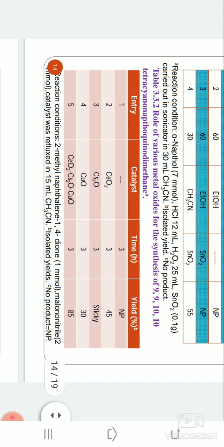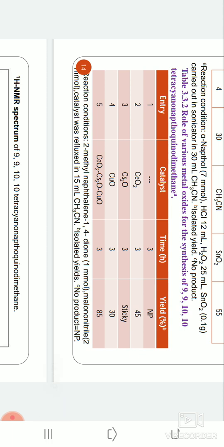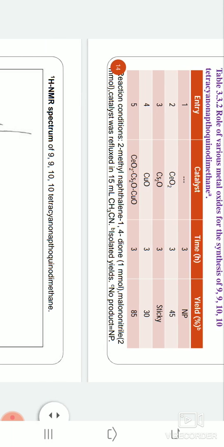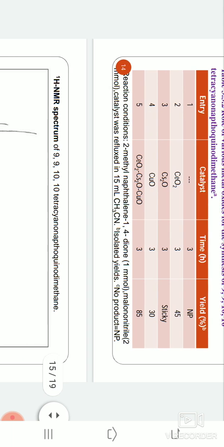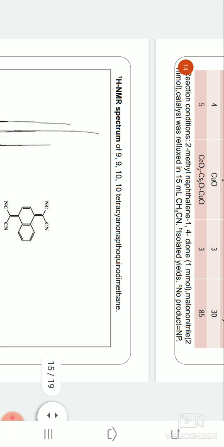After that, for the role of various metal oxides in the synthesis of our final product, we try without catalyst and with pure metal oxides. We observe that without catalyst no product is observed. By using pure metal oxide, the yield is very low and not notable, but by using the ternary mixture of mixed metal oxide we obtain 85% yield.